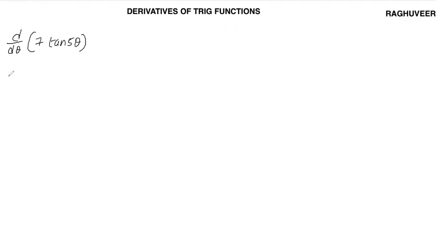So let us solve this problem with respect to theta. Applying the chain rule, u is 5 theta, so f is 7 tan u.